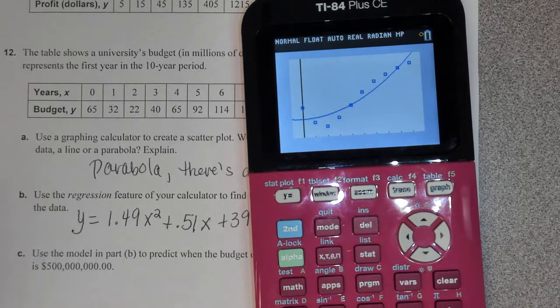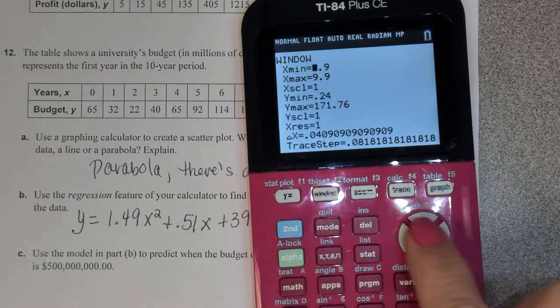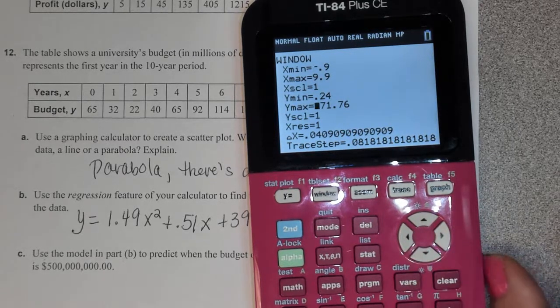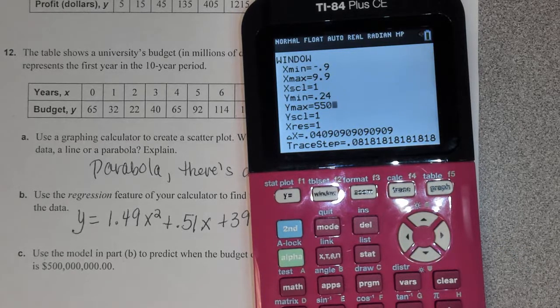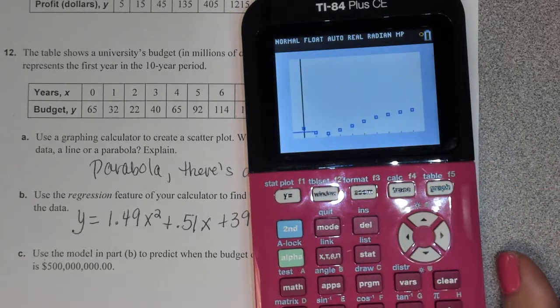But I'm not seeing y equals 500. Why not? Okay, I can zoom out. I prefer to change my window manually. What am I going to have to make my y max? More than 500. I'm going to make it 550 just to be sure I can see that. So here's my parabola. Uh-oh. What's the problem now?